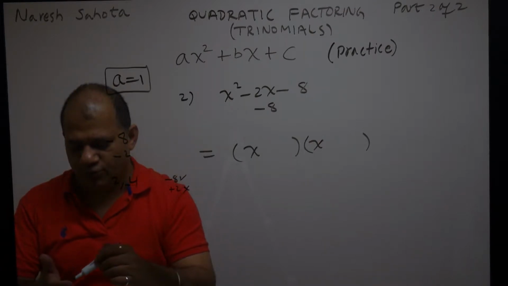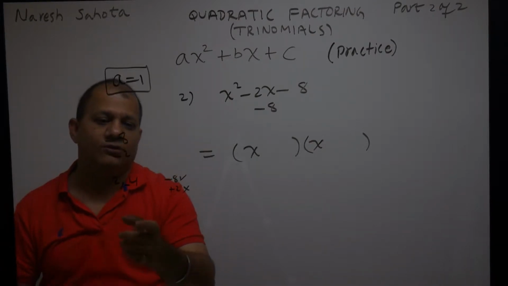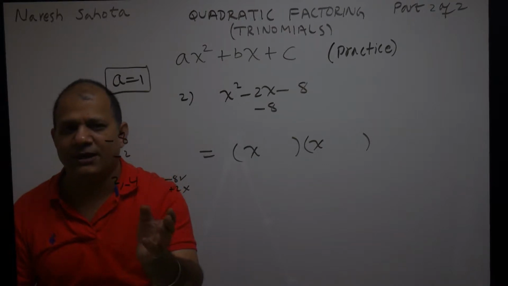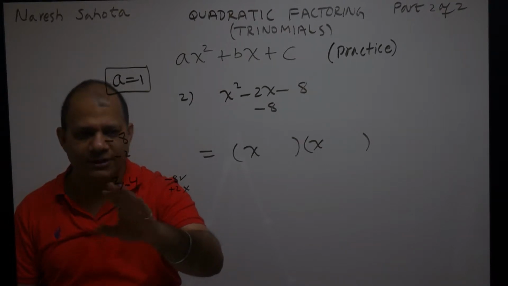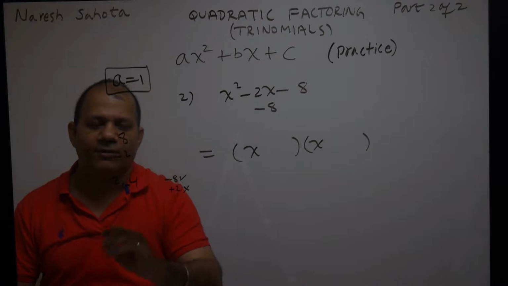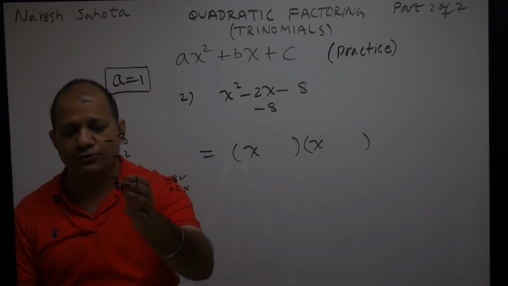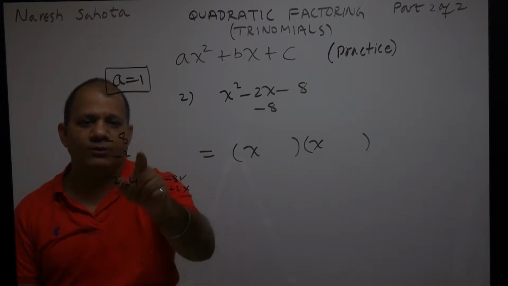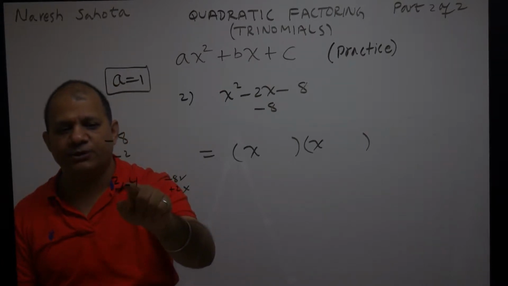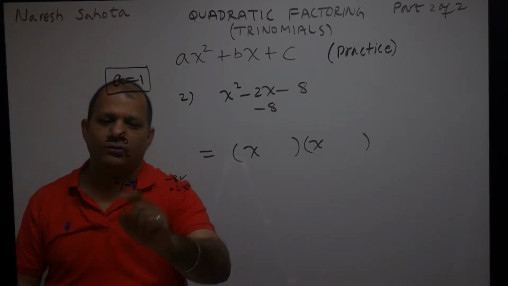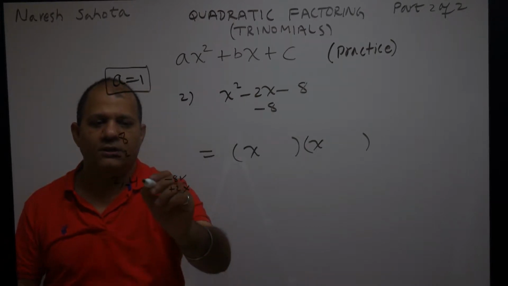You don't always have to try all the possibilities. I didn't have to try 1 and 8. I could have gone straight to 2 and 4 and then figure out where the negative is going to go. We want negative 2, so the negative should be placed on the higher number. So that pair is going to work.